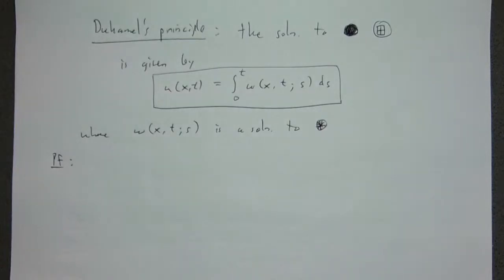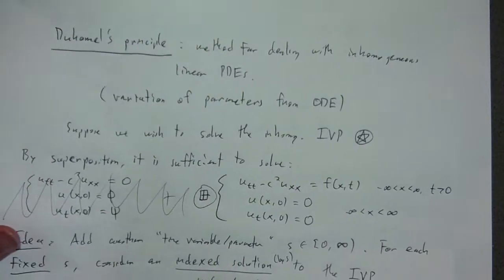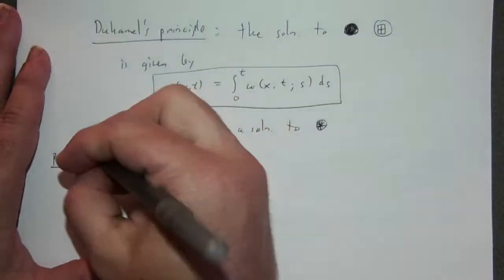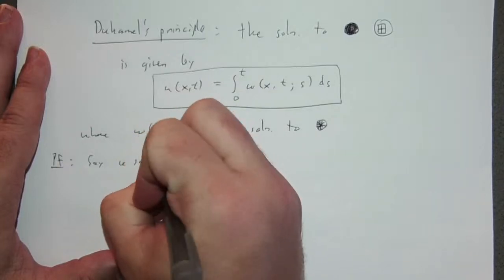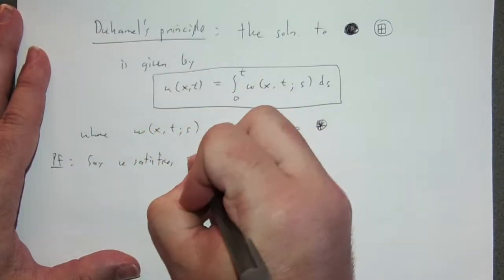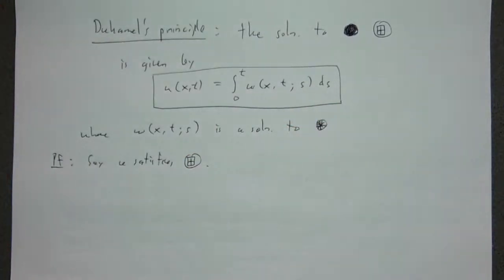Okay, so proof of Duhamel's principle. So let's say that I have a u that satisfies this box. So say u satisfies box plus. Okay.